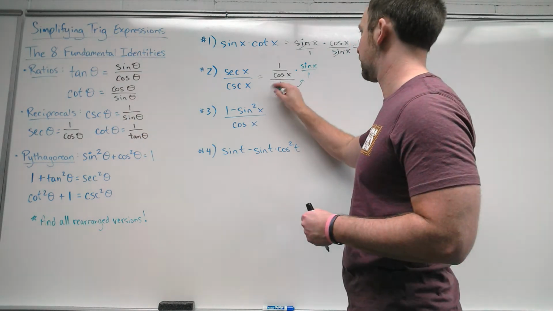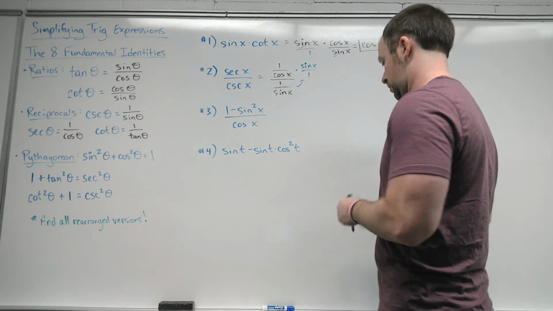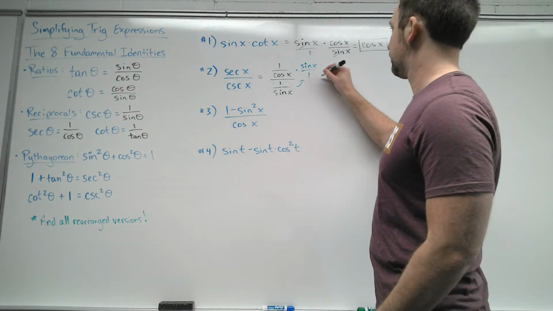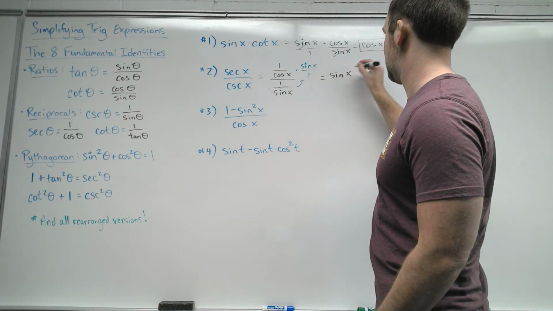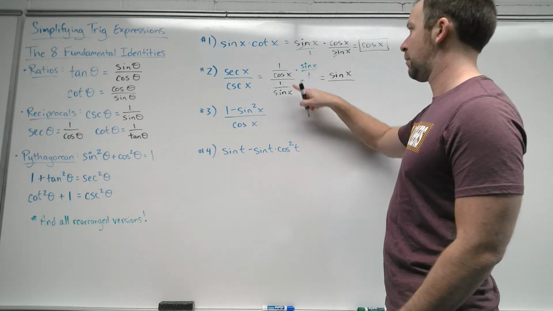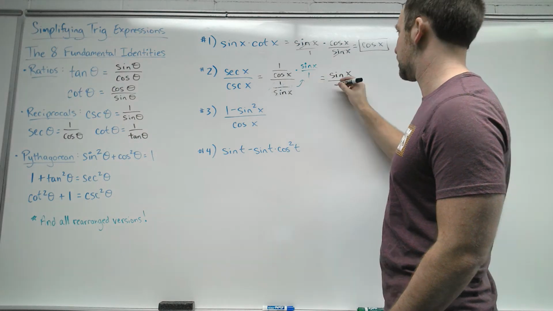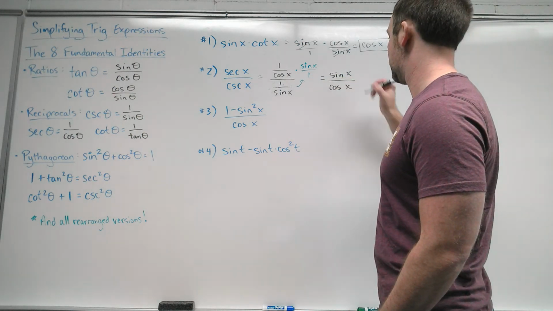Okay, so that gets rid of that guy. And then I just clean it up. Okay, top times the top, so 1 times sine is sine. Bottom times the bottom, cosine times 1 is cosine.